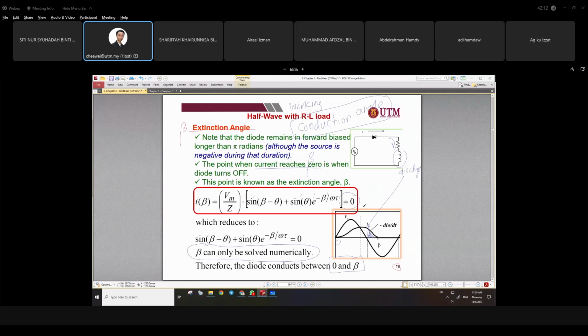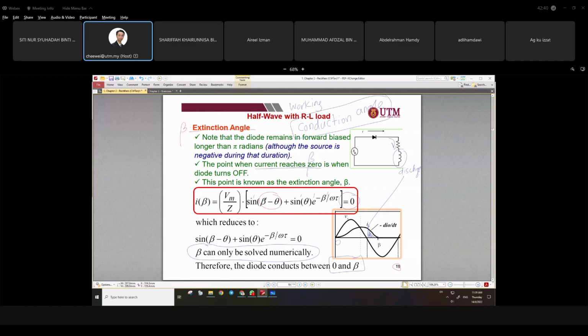Then can we find beta? Can or not? First of all, we need to find this, right? Yes, sir. Beta minus theta. Beta minus theta. No. What do we need to find?